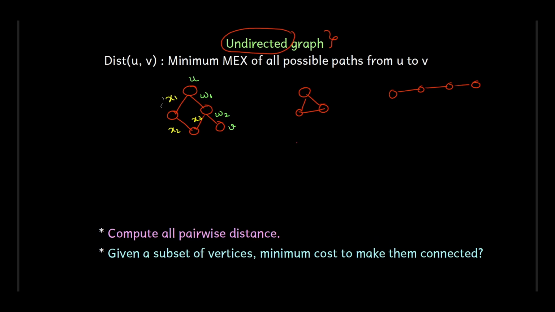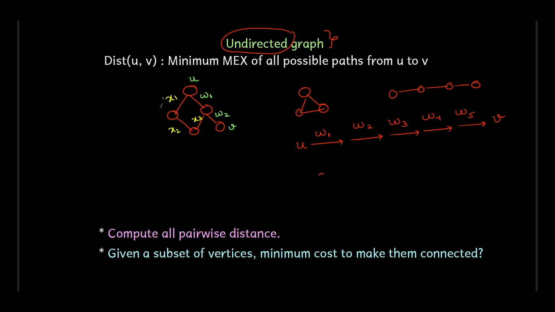Suppose your path originates from U and encounters these edge weights: W1, the second edge weight that it encounters is W2, third edge weight is W3, fourth edge weight is W4, and the fifth one is W5. And eventually it reaches V.